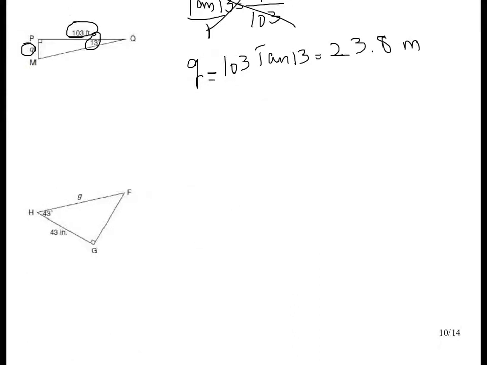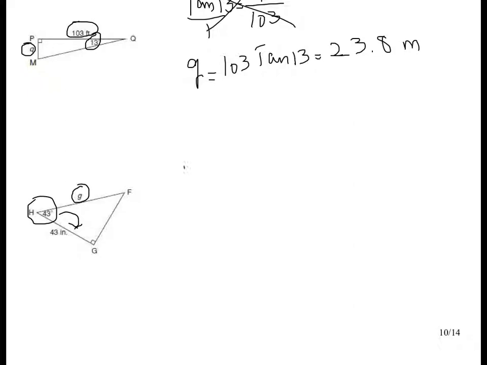Okay, in this example, first of all, it's a right triangle, so I can use the trig ratios. Second, this angle is given. This side is adjacent to the angle. And assuming this side is given, which is hypotenuse, so I have angle, adjacent, hypotenuse. One of those trig ratios is cos, which says cos of any angle is adjacent over hypotenuse.